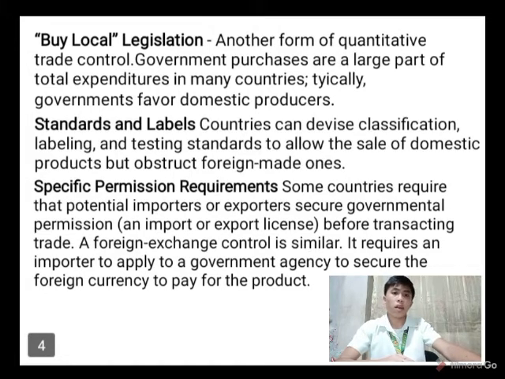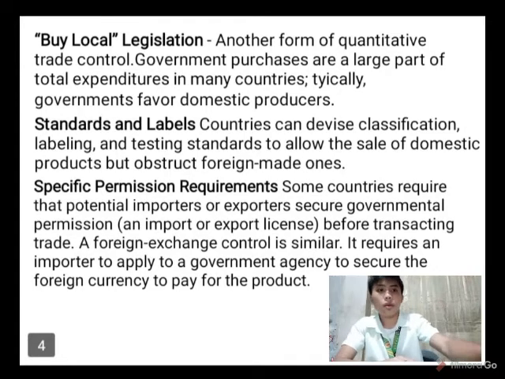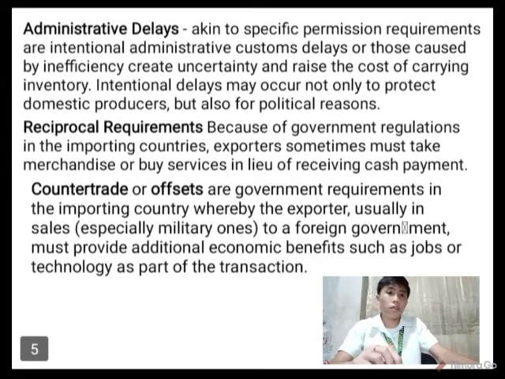Foreign exchange control is similar to specific permission requirements. It requires an importer to apply to a government agency to secure the foreign currency to pay for the product. Other types of trade barriers include arbitrary standards, licensing arrangements, administrative delays, reciprocal requirements, and service restrictions.